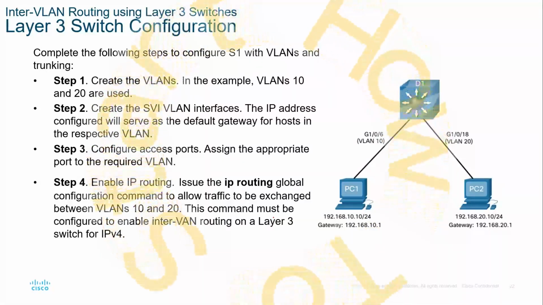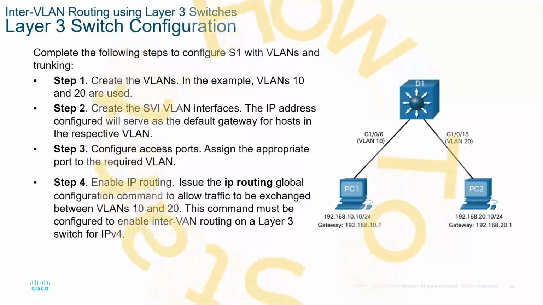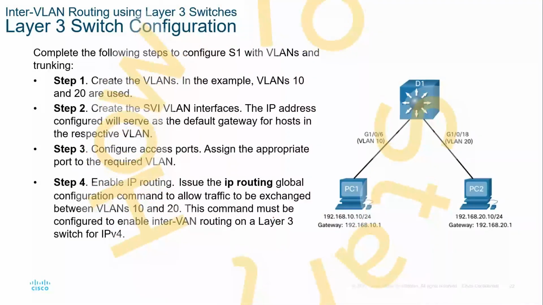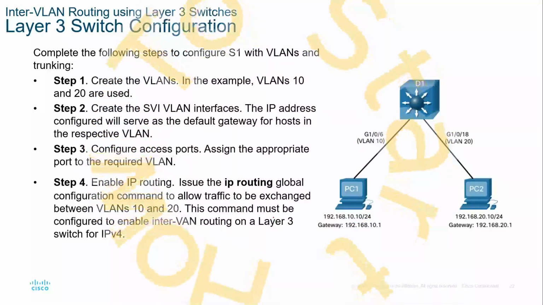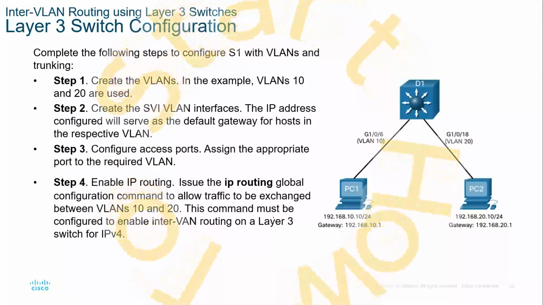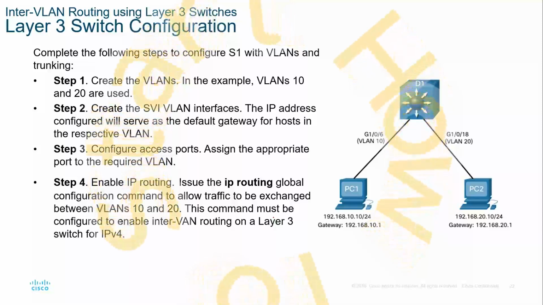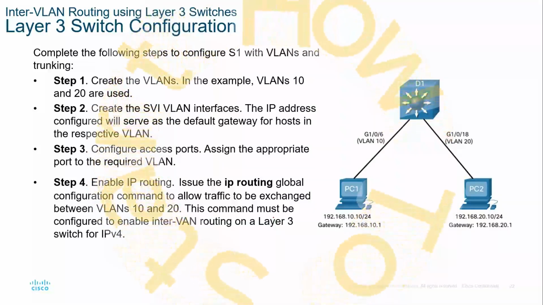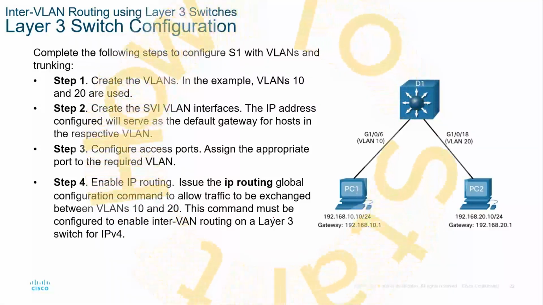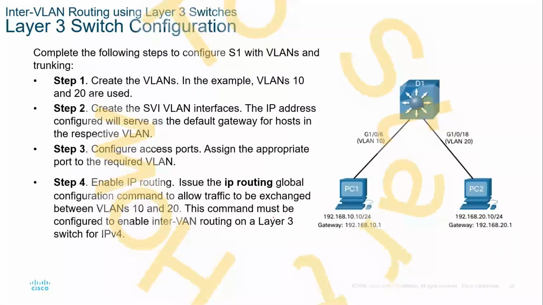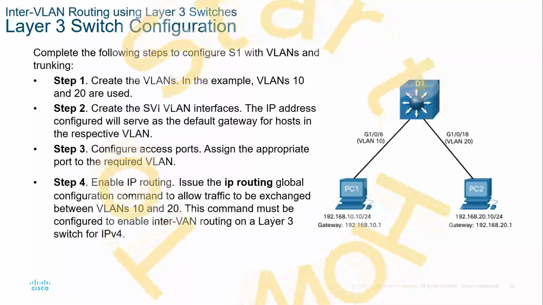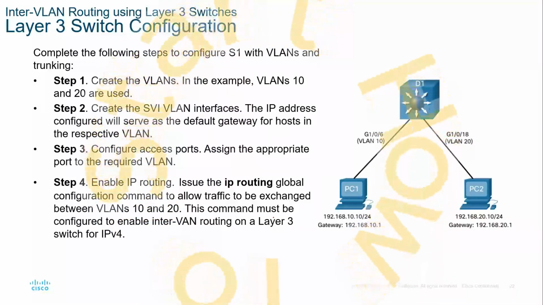Next step, on gig 1/0/6 we would have to set up switchport mode access, so it's an access port. On gig 1/0/18, we would do the same thing, assigning that to VLAN 20. From there, we would need to enable IP routing, and we do this very easily at global configuration mode by issuing the ip routing command.